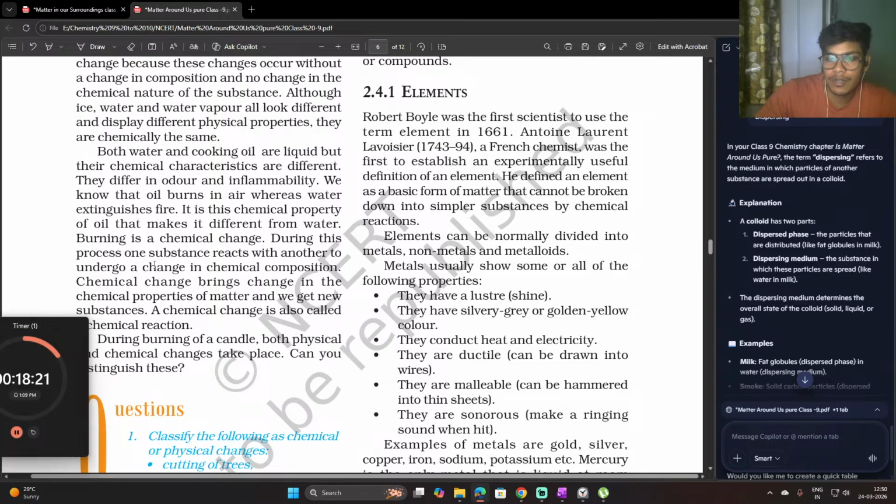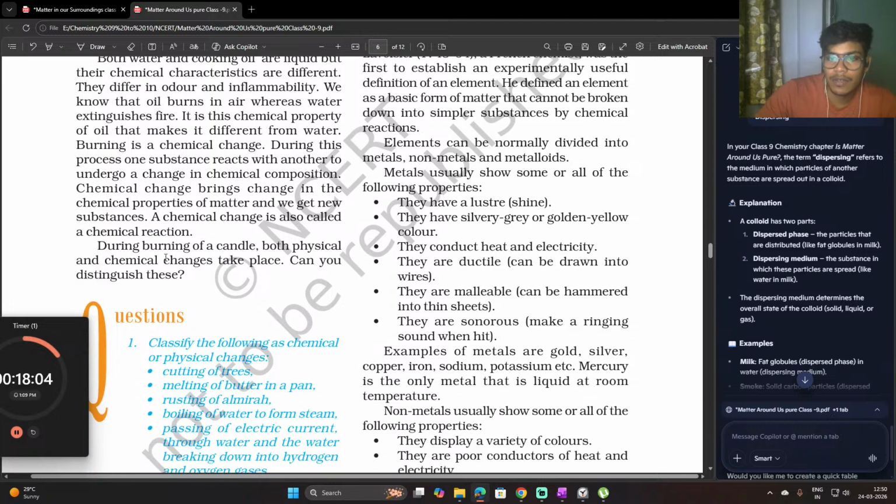During this process, one substance reacts with another to undergo a change in chemical composition. Chemical change brings change in the chemical properties of matter and we get new substances. A chemical change is also called a chemical reaction. So during burning of a candle, both physical and chemical changes take place. Can you distinguish this?